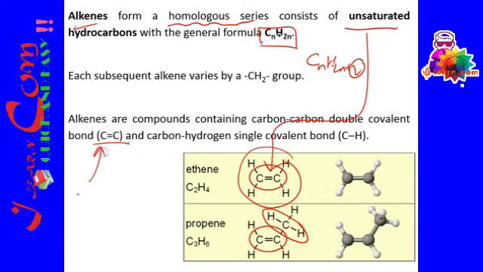It is actually the carbon-carbon double bond. So this is what we call the functional group of alkenes. The functional group gives rise to the properties of that class of compounds. Okay, it gives rise to the properties of this class of compounds called alkenes. So this is the functional group of alkenes, carbon-carbon double bond.